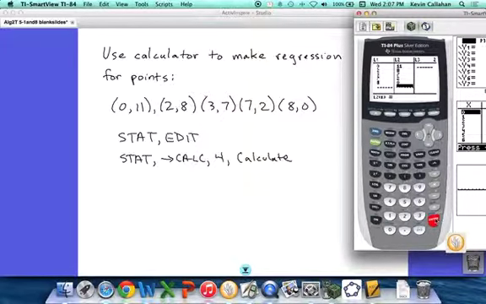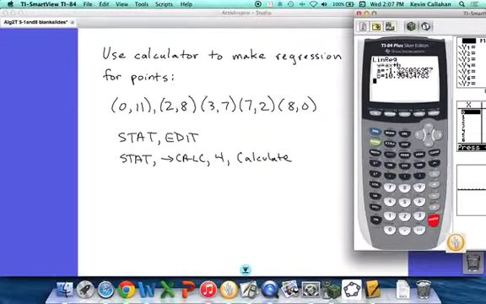Okay. So once you put in all the data, you're going to go Stat Calc 4 calculate, just like you already did when you only had 2 points. You guys will have that different looking screen that goes down to the calculate, and you should get that. Which is common, that you're not going to always have nice whole numbers as integer values for your coefficients. It could be decimals. And you don't want to be writing this many significant digits to the right of the decimal point. You probably want to cut it off, like maybe 2 places.